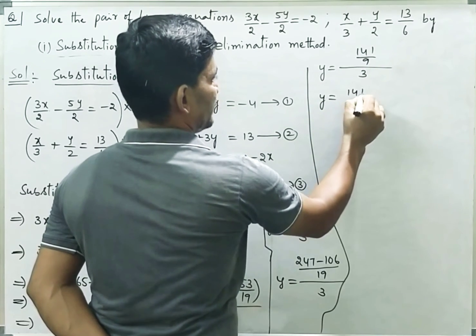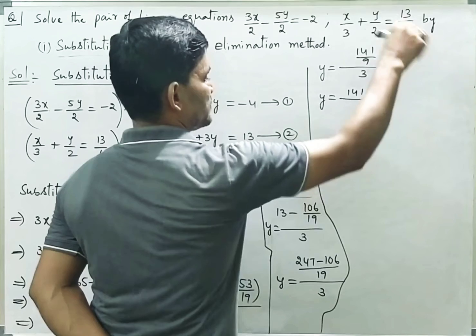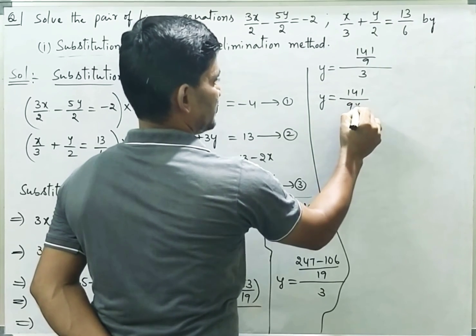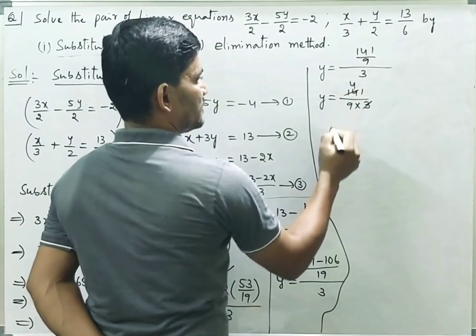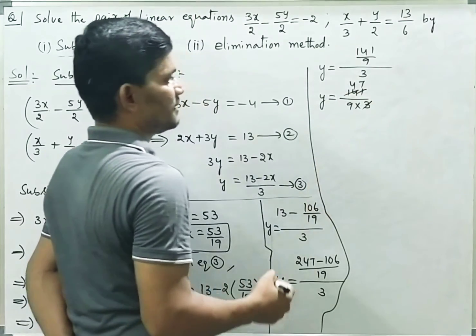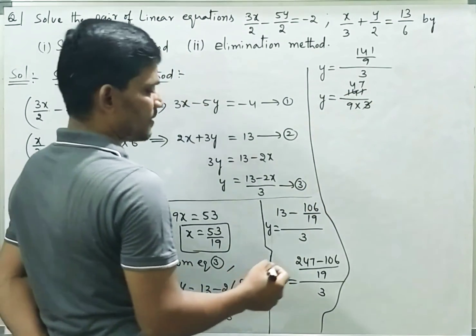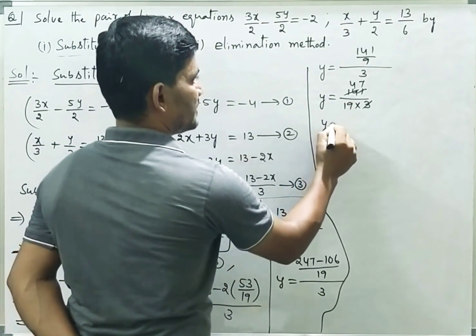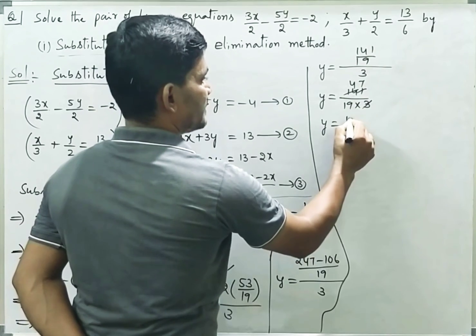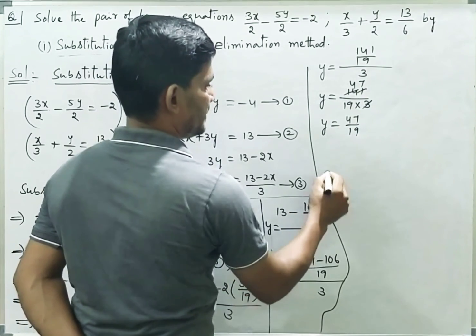So 141 by 3 becomes 47, and the 3 also goes under the denominator. 3 4s are 12, 3 7s are, sorry, here this is 19. So y is equal to 47 by 19.